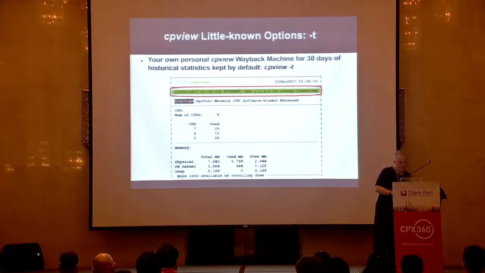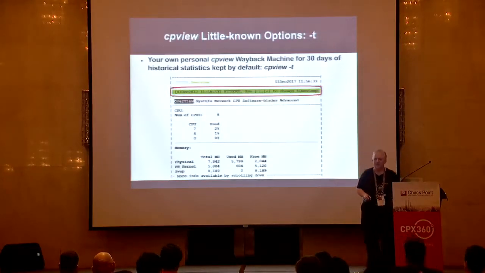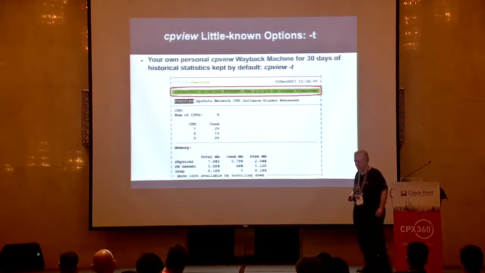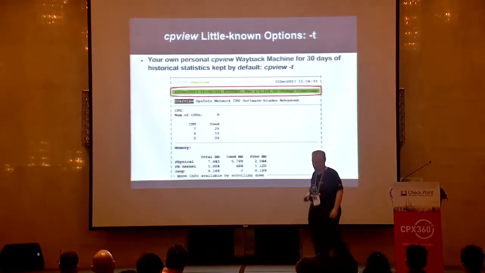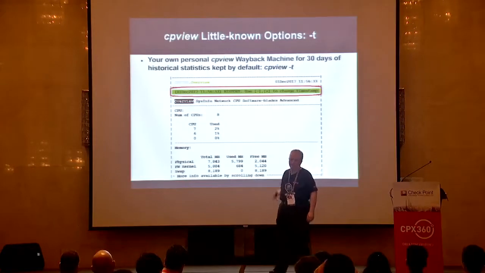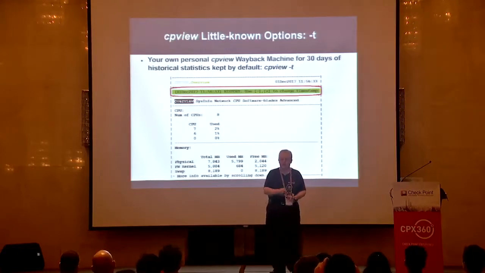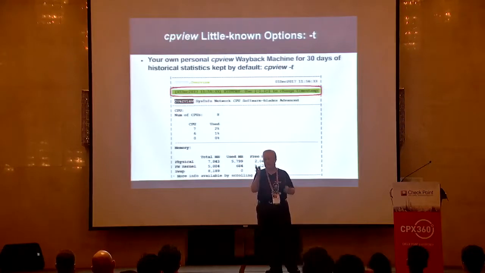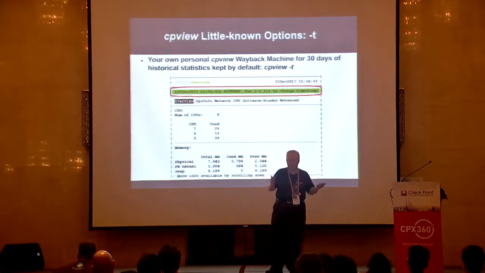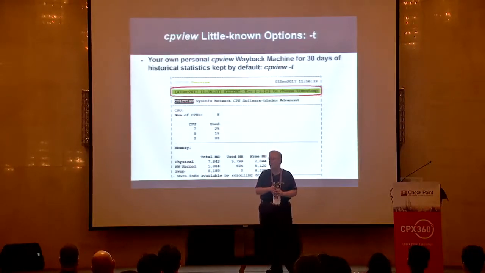Okay, another command you can use with CPView, and this will be the last slide. You can go through and use the Wayback Machine option here. This is a little known option, -t, and you can go through your historical stats over the 30 days using the standard CPView interface. So you can see, okay, how was my gateway doing 25 days ago?